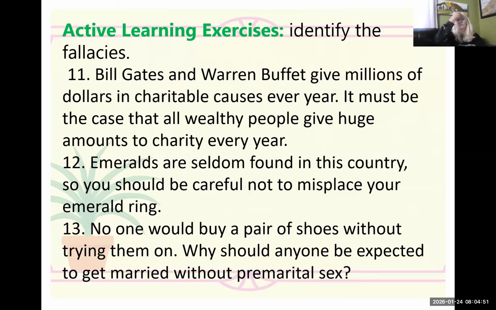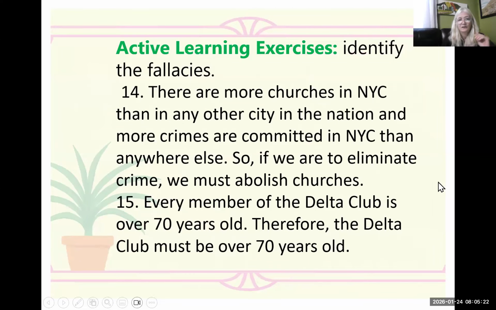11, Bill Gates and Warren Buffett give millions of dollars to charitable causes every year. It must be the case that all wealthy people give huge amounts to charity every year. 12, emeralds are seldom found in this country, so you should be careful not to misplace your emerald ring. 13, no one would buy a pair of shoes without trying them on. Why should anyone be expected to get married without premarital sex? 14, there are more churches in NYC than in any other city in the nation, and more crimes are committed in NYC than anywhere else.